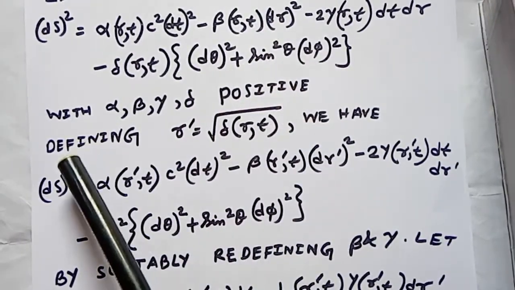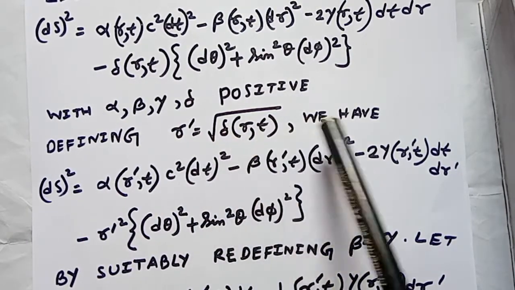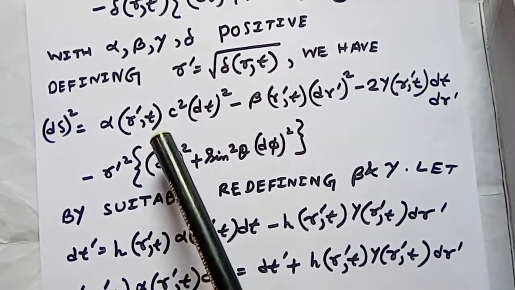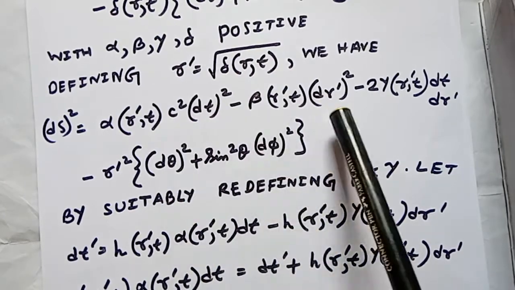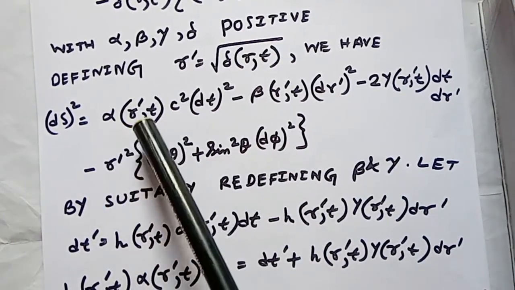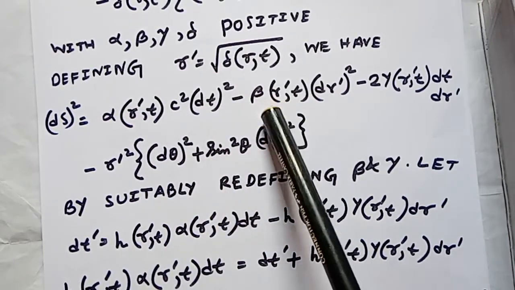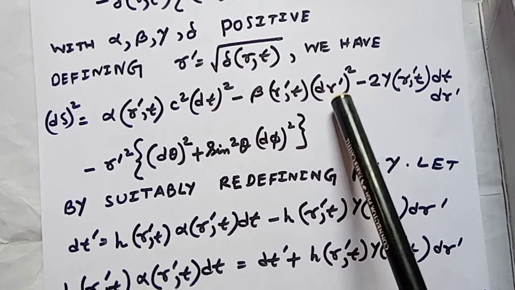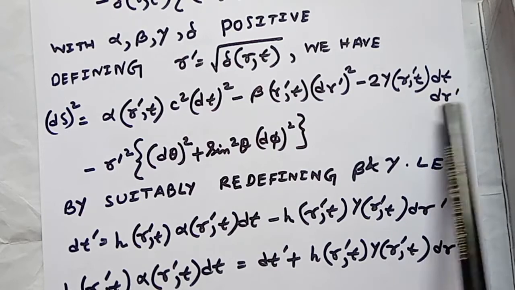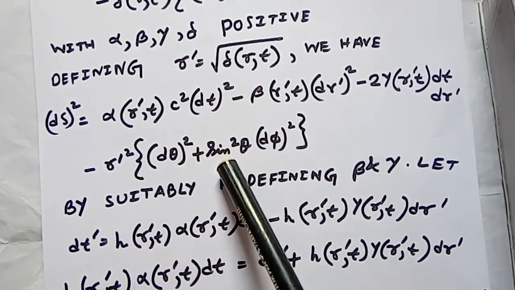Now redefining r prime equal to root of delta of (r,t), we have another coordinate reference frame, ds square equal to alpha of (r',t) c square dt square and beta of (r',t) dr' square, gamma of (r',t) dt dr' and r' square (d theta square plus sin square theta d phi square).